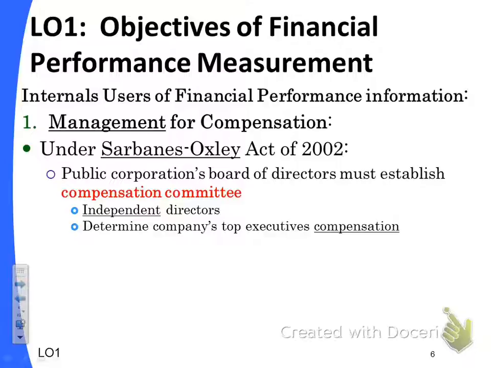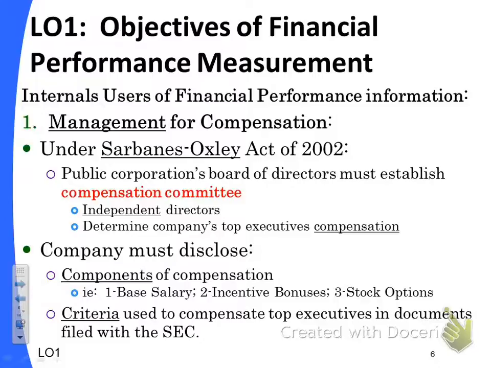So they're held not only from a corporate standpoint liable, but they're held personally liable if they defraud or if they're unethical in their financial reporting for the company. And then the company must also now disclose the components of the compensation packages for those higher executives.